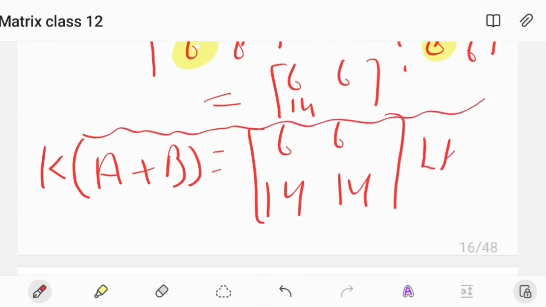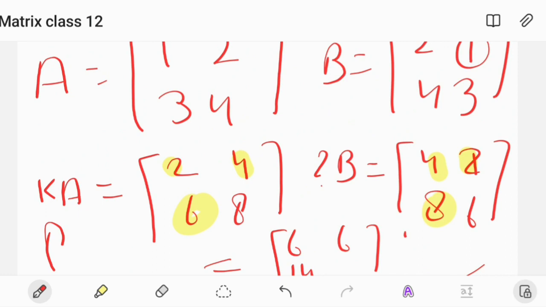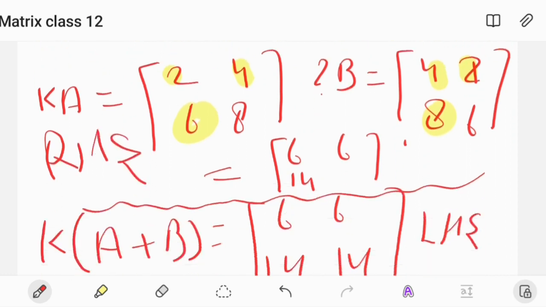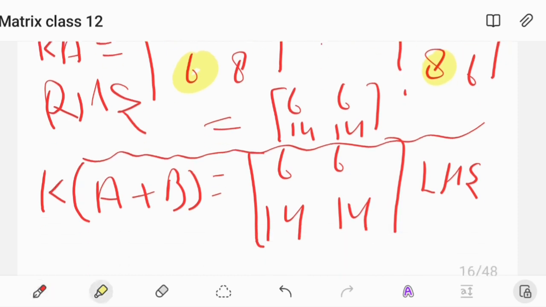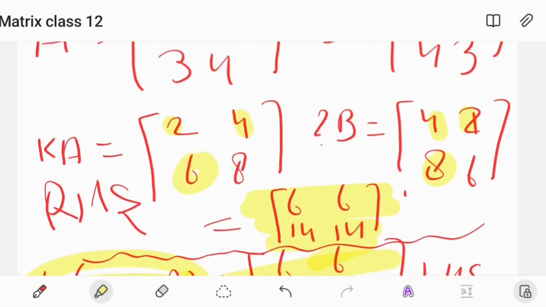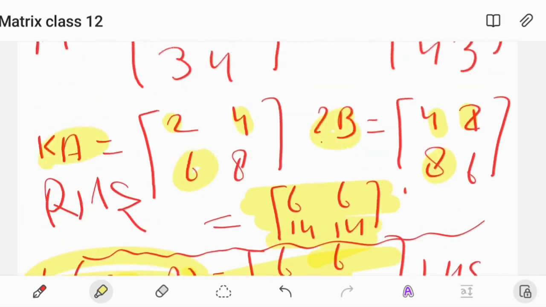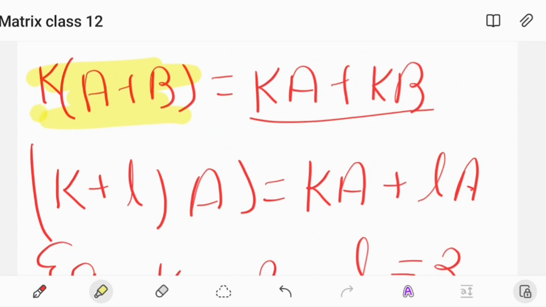This is the LHS and this is my RHS. So 14 and this is also 14. Now you can see yourself that this LHS and this RHS are the same. So I hope this property is clear to you.